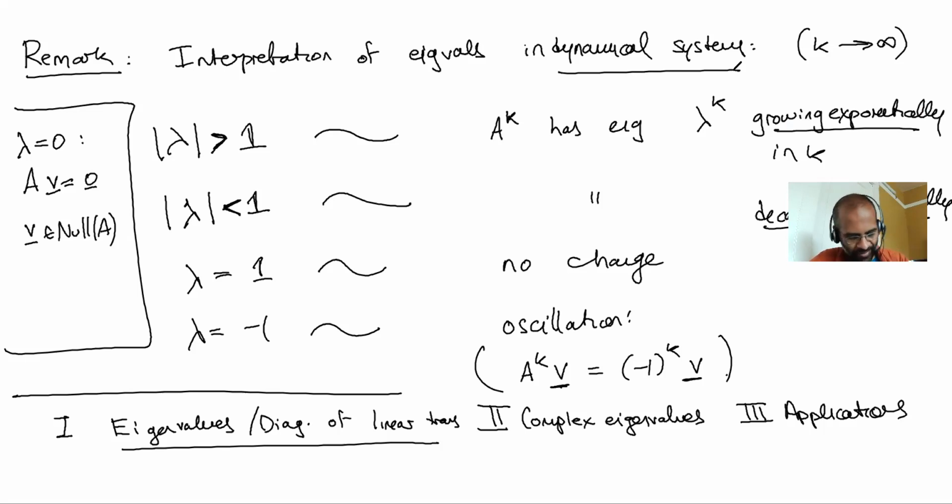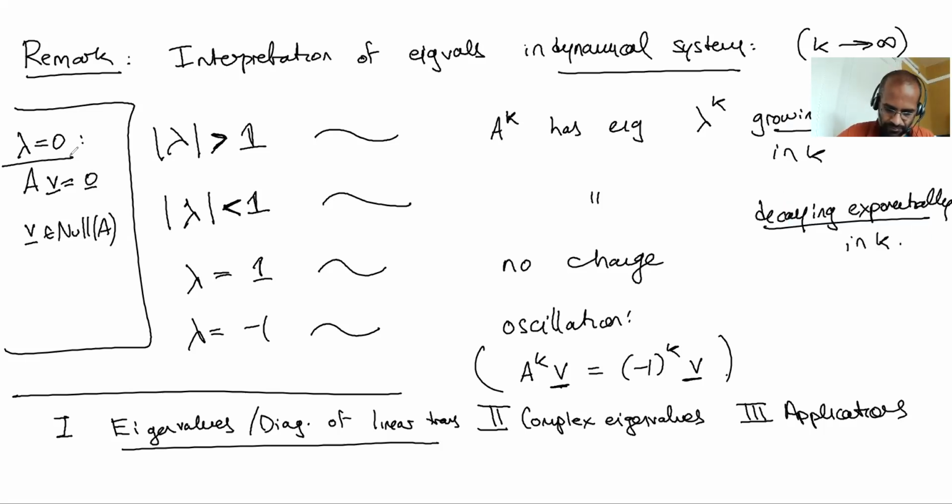If you multiply by A once, it's going to be 0, and 0 to the k is just 0. So in this context, it doesn't mean anything that special, but in general, a 0 eigenvalue just means that there's a vector in the null space, which means the matrix is not invertible. But it means something pretty boring in this dynamical context. Does that answer the question? Okay, thank you.